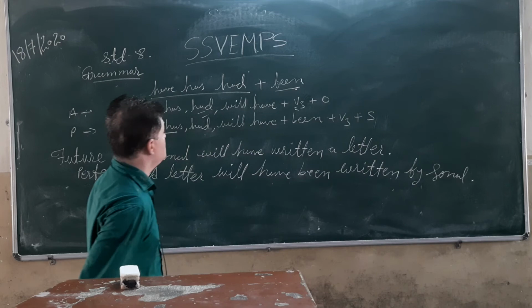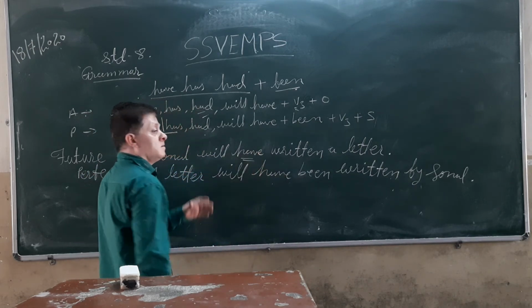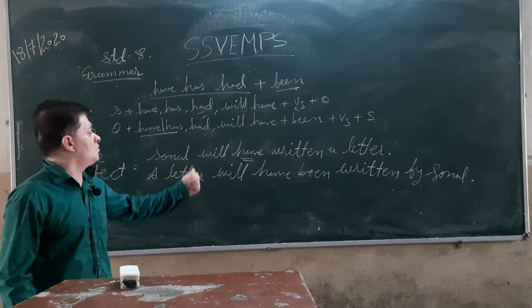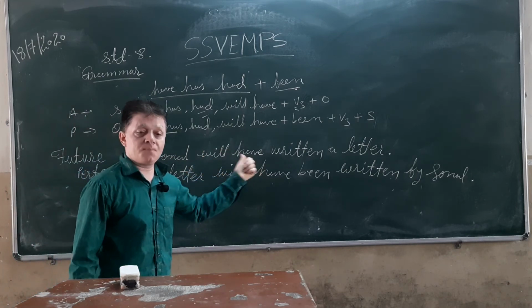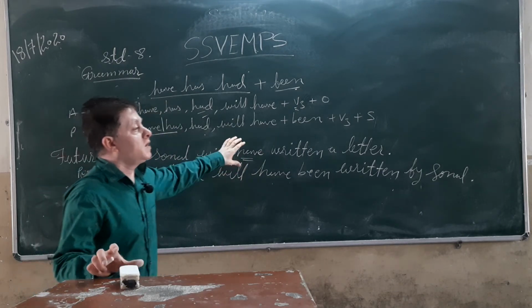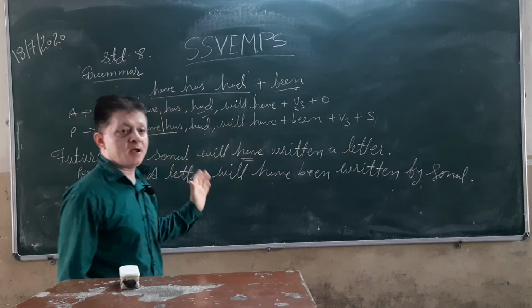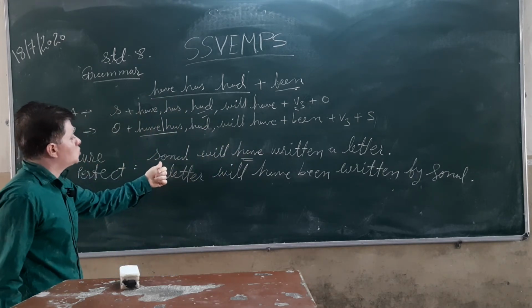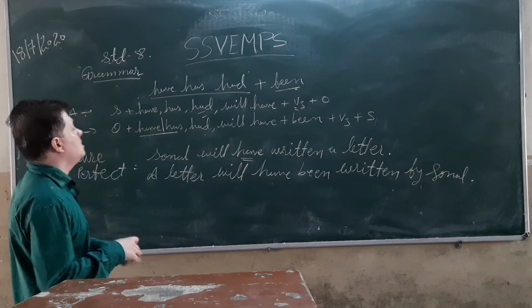Dear friends, have is used because in future tense we have the auxiliary verb will, so we always put the main verb after have. Whoever the subject is, we have to put have as a perfect future tense. So Sonal will have written a letter. A letter will have been written by Sonal.